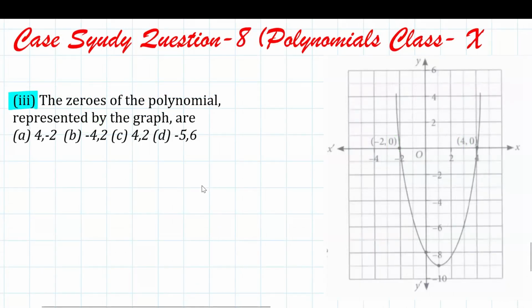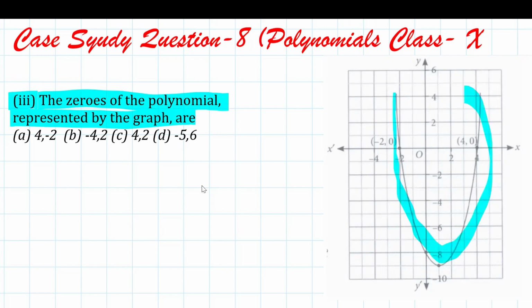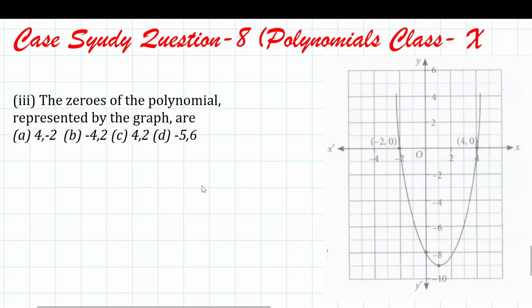The third part asks for the zeros of the polynomial represented by the graph. So you can see the graph, and they are asking the zeros of the polynomial. It is the x coordinate, only the x coordinate, of the point where the graph touches the x-axis. So this is one point, and this is another point.